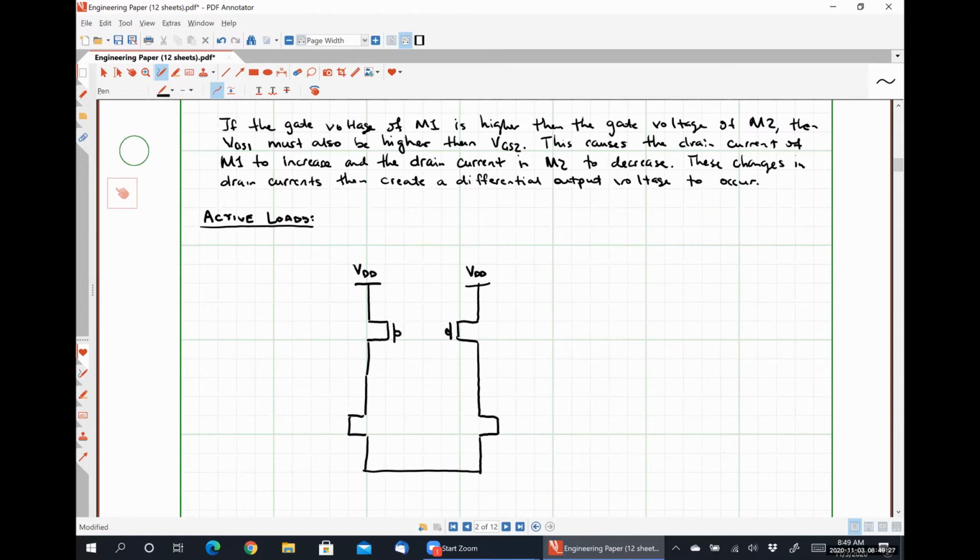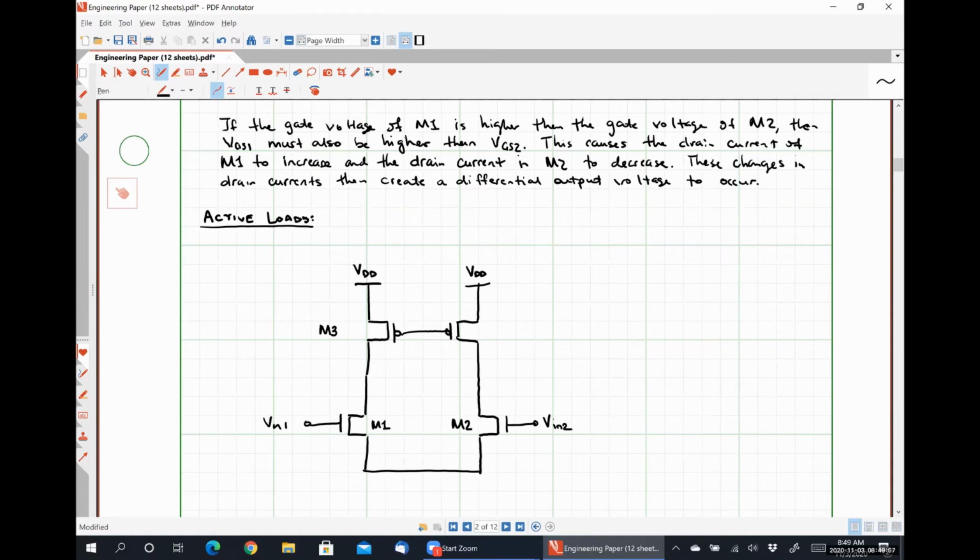We have our PMOS transistors. Here is our NMOS transistor. So this is M1, where we apply VN1. This is M3 over here. We have transistor M2.